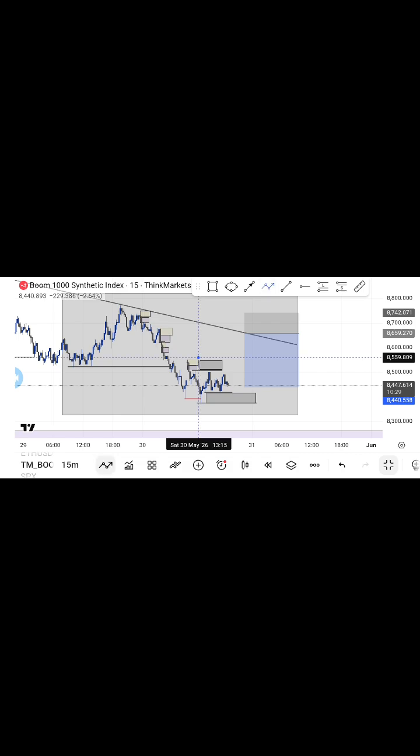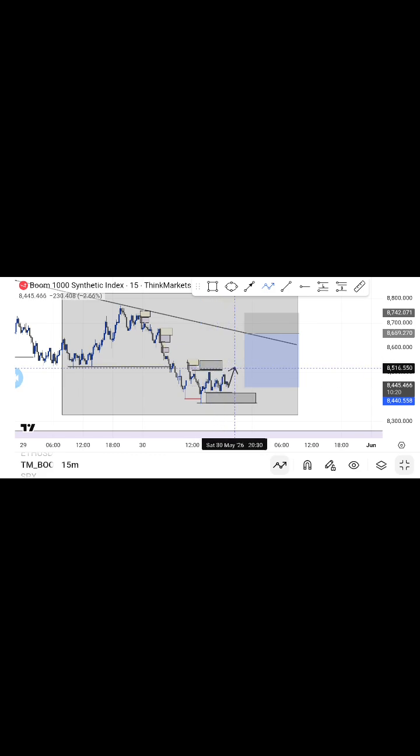If the market breaks this, our low liquidity area, and pushes towards like this, then taps on our trend line and respects it, we'll be looking for a short trade towards the down.